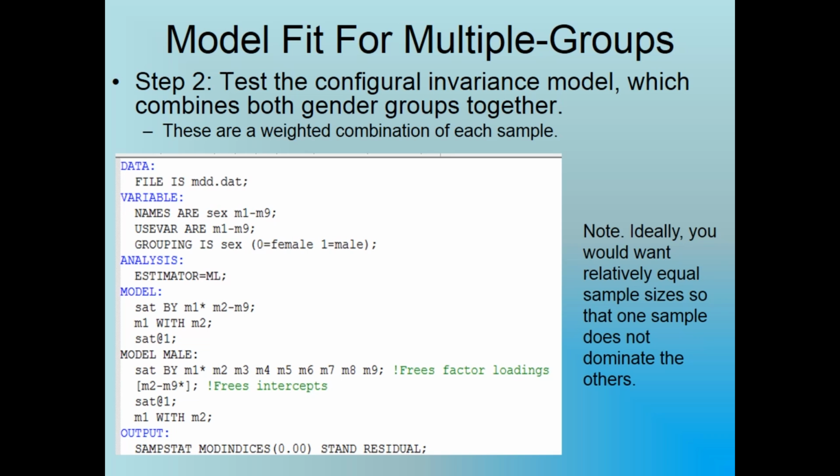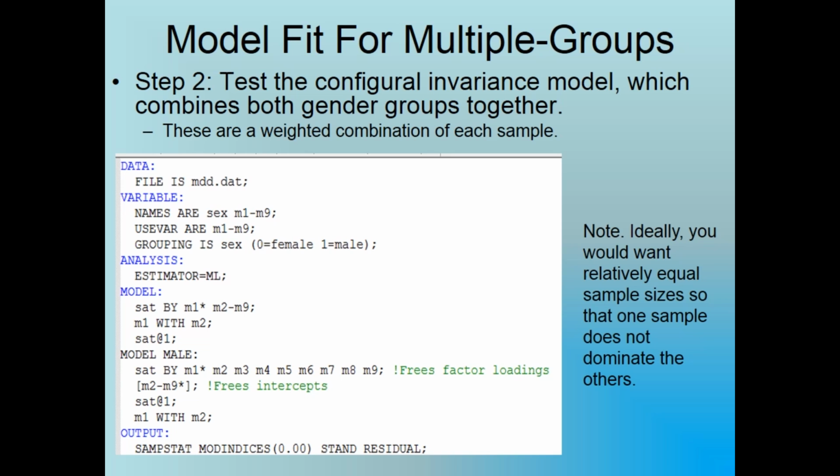Again, the first model statement is our female code, and the one right below it, under model male, is the model for males. So in both cases, we need to make sure we're estimating the exact same model. A couple of very important things to note. SAT by M1* M2 to M9 is really the exact same thing as the model we're testing for males below.